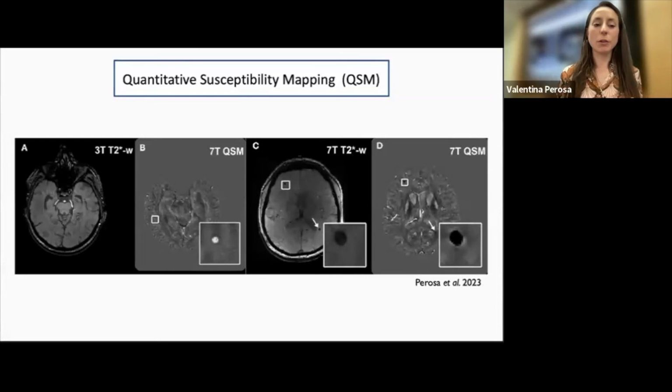Of course, here we're looking at 3 Tesla versus 7 Tesla, so don't get me wrong, I know there is a difference there. But we could see that also in two 7 Tesla sets of data. And maybe most importantly, what QSM is able to do is to differentiate between calcifications that look like microbleeds on T2 star weighted sequences and actual microbleeds, because on QSM the calcification is hypointense instead of hyperintense. So we can do that.